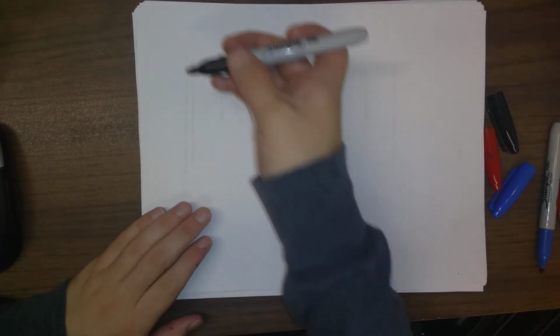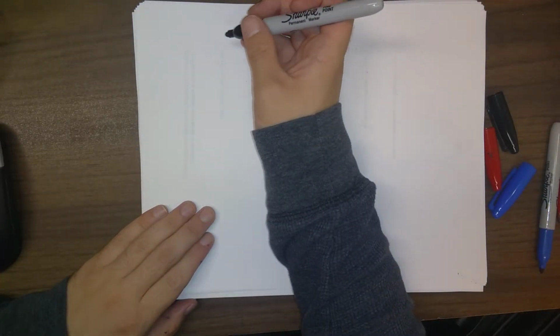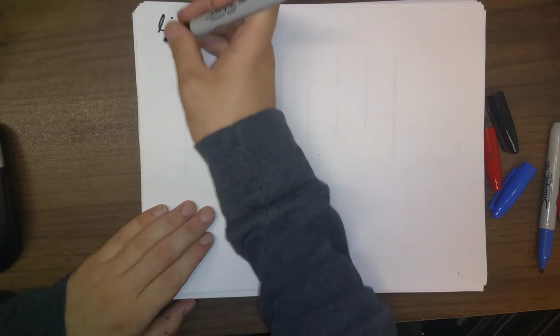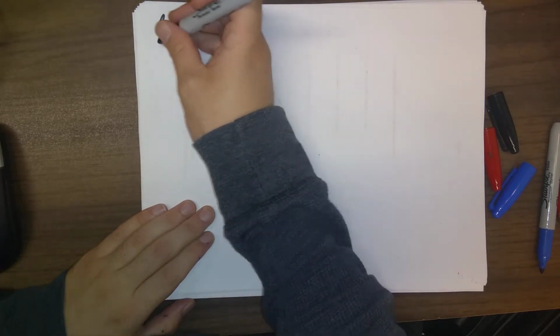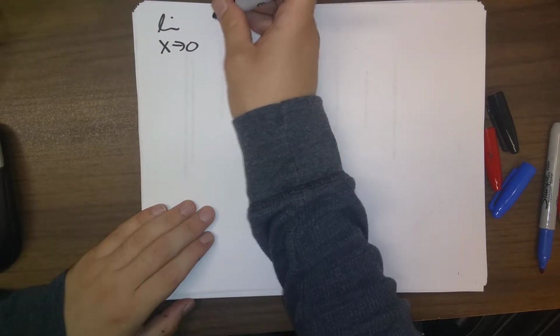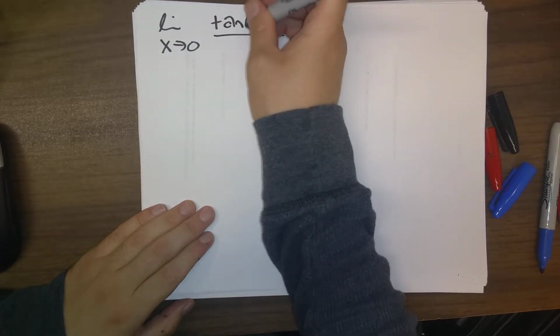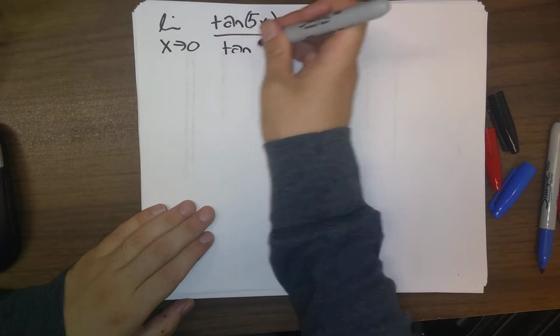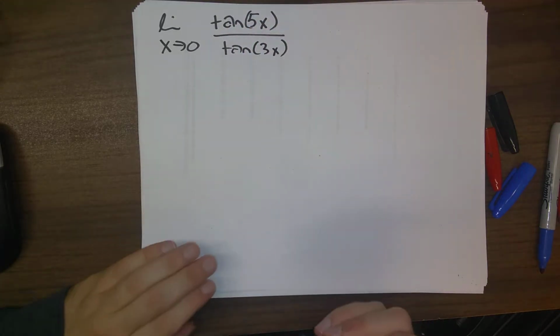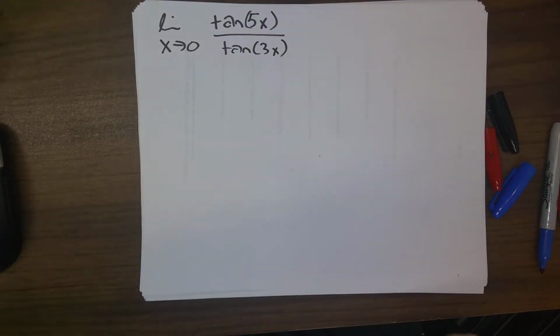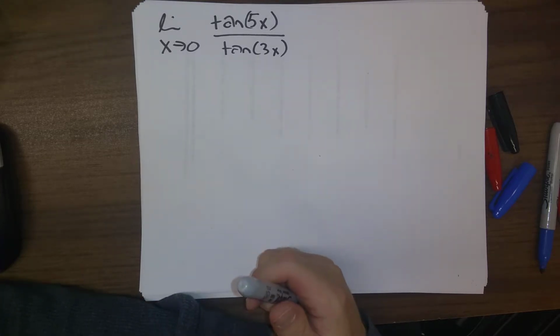So one last example that's in the same vein, but maybe ever so slightly more going on, is what happens if I ask about the limit as x goes to 0 of tangent of 5x over tangent of 3x. Well, everything that we've done before is in terms of sines and cosines.